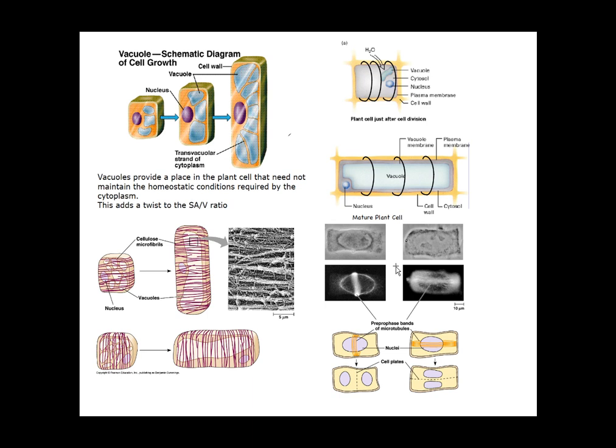The direction of cell division, too, is determined by the laying down of cellulose microfibrils. When plant cells divide, they don't pinch off, as do many animal cells. Instead, what happens is the nucleus divides, and then a wall is built between the two daughter cells.